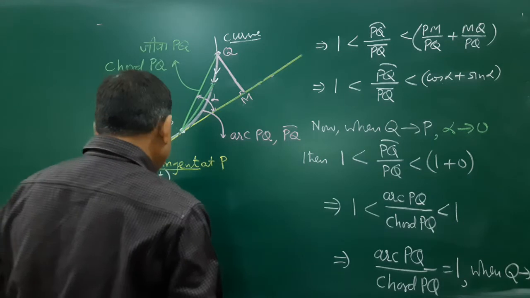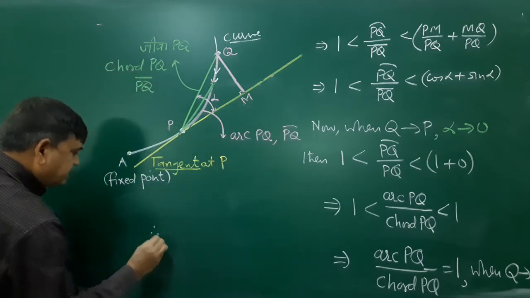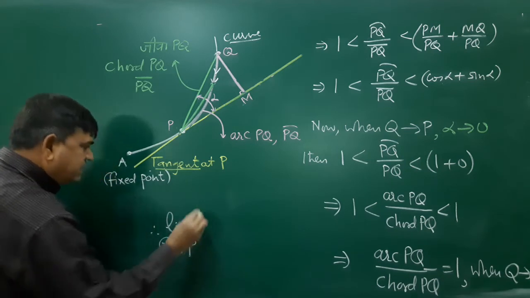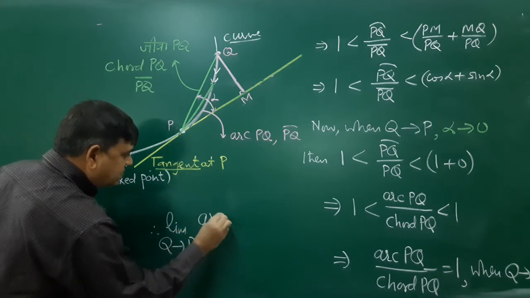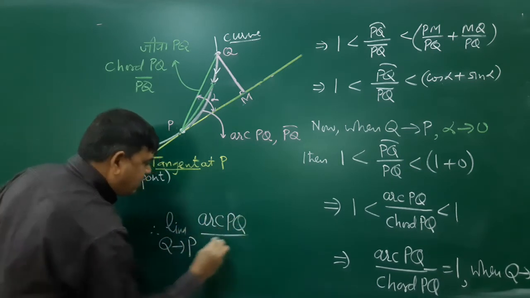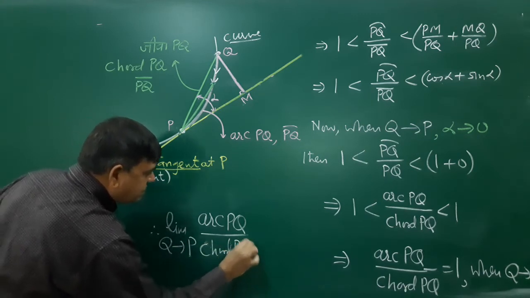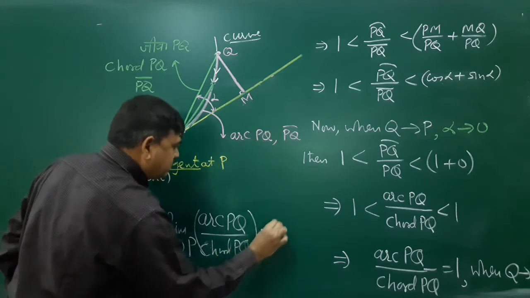This is very important. Therefore, limit q tends to p, arc PQ upon chord PQ is equal to 1.